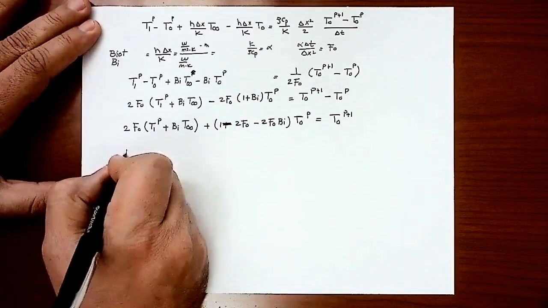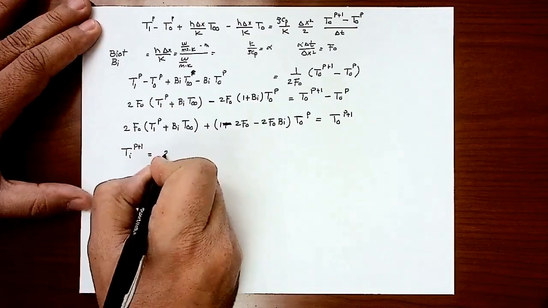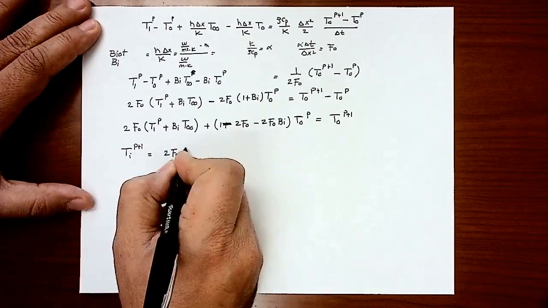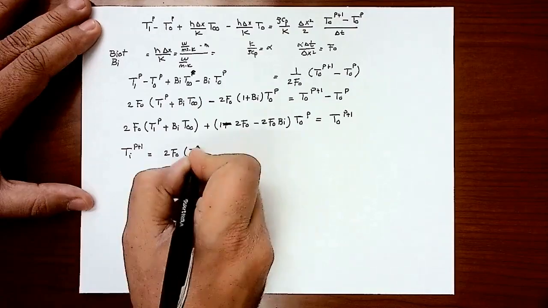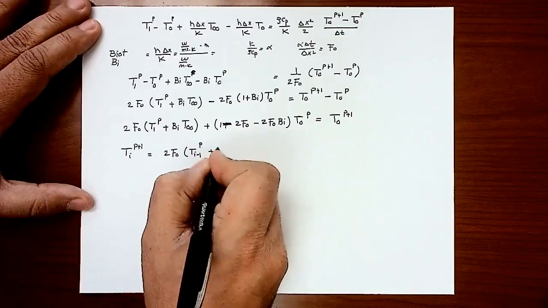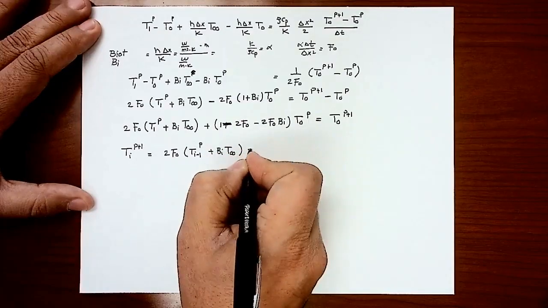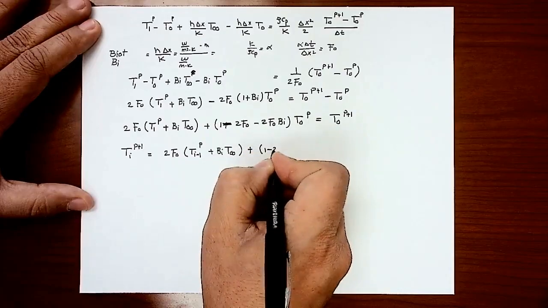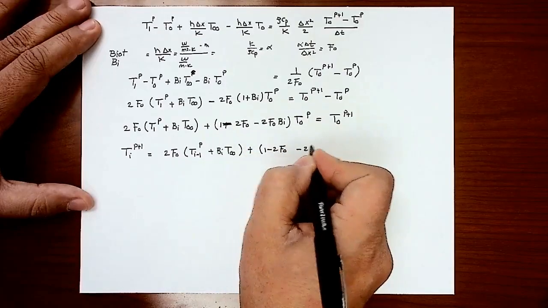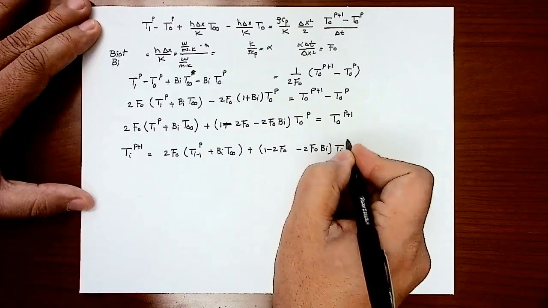So I can write it down as T_i at p plus 1 equal to 2 Fourier number times (T_i at p, T_(i-1) at p plus Biot number T infinity) plus (1 minus 2 Fourier number minus 2 Fourier number times Biot number) times T_i at p.